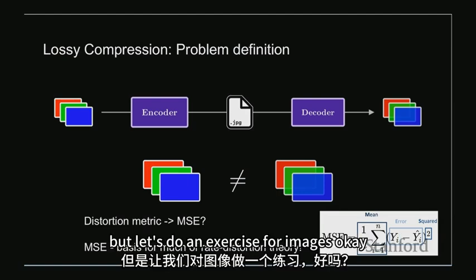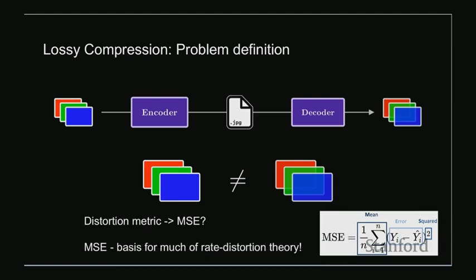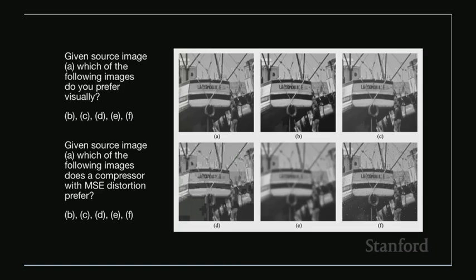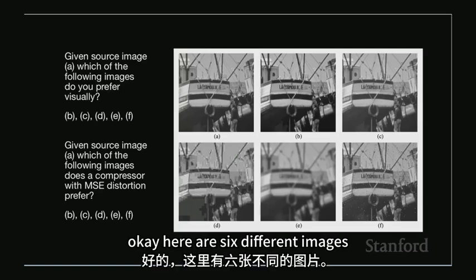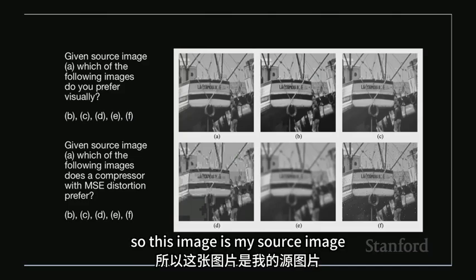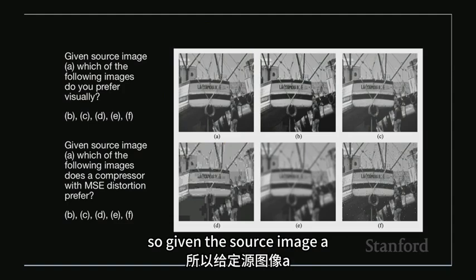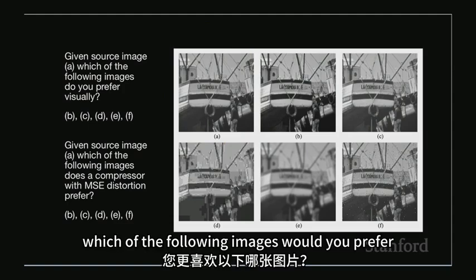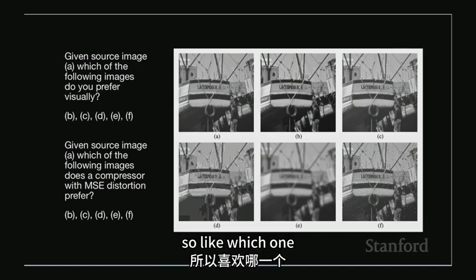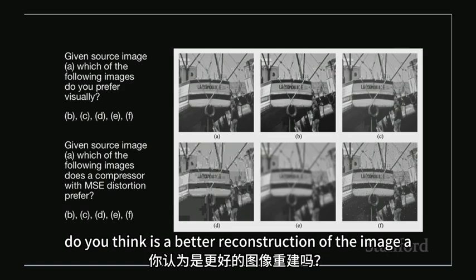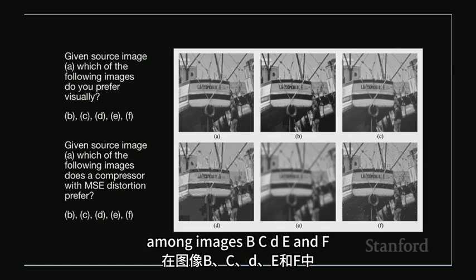This is just what mean square error looks like. But let's do an exercise for images. Here are 6 different images. This image A is my source image. Given the source image A, which of the following images would you prefer visually? Which one do you think is a better reconstruction of image A among images B, C, D, E, and F?